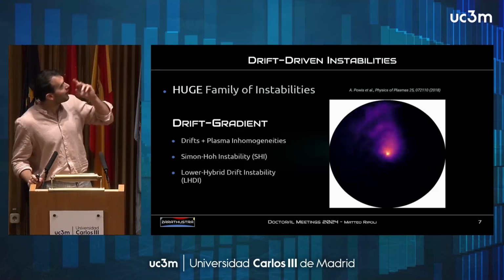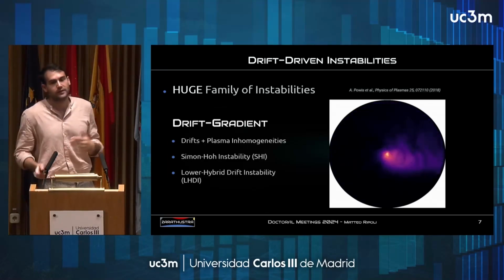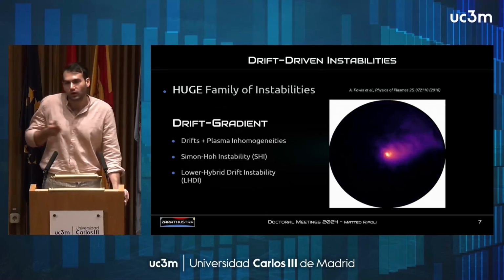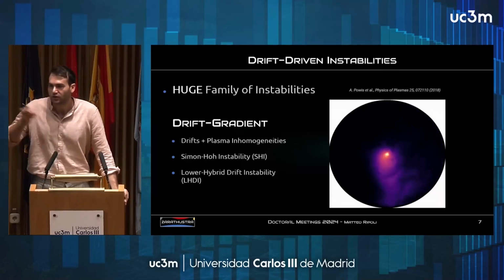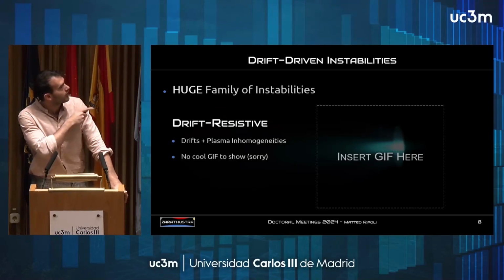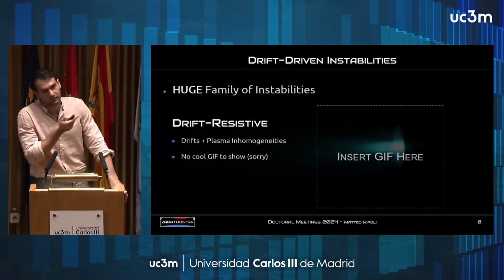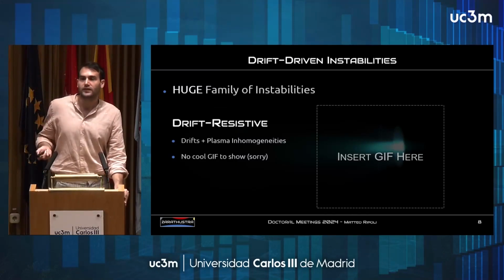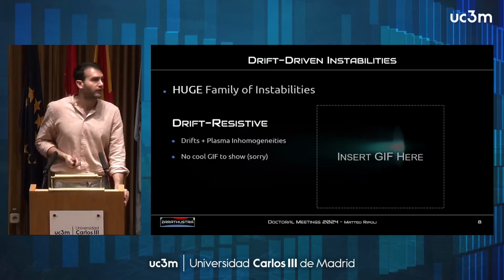Then you have a very vague definition of lower hybrid drift instability, which, depending on the paper you read, is whatever. It changes over time, overnight. And then you have drift-resistive instabilities; the shame is that I couldn't find a cool GIF to show you, but in the end they are interspecies drift coupled with dissipative phenomena.